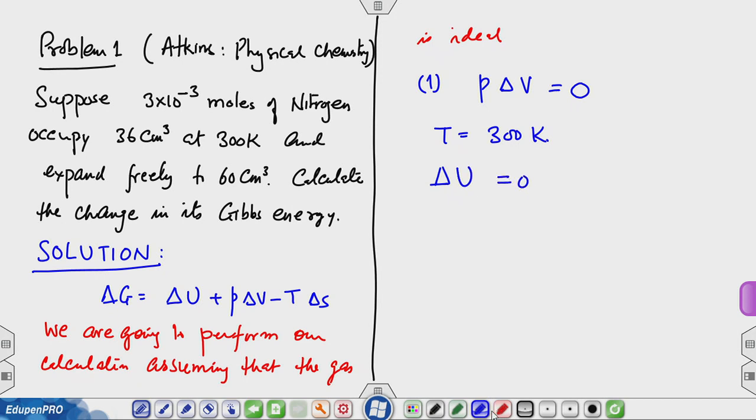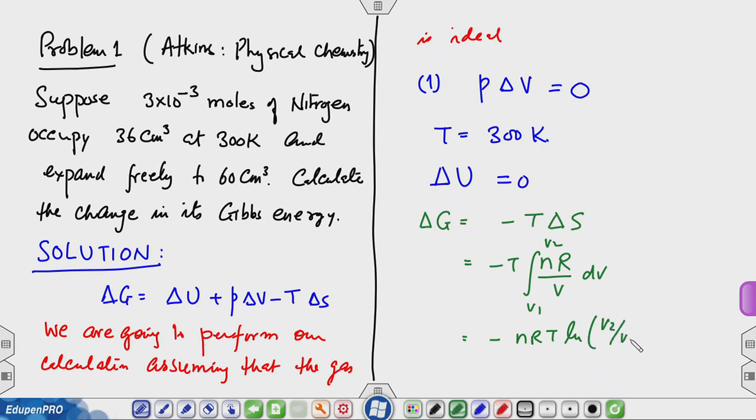And therefore, delta G is going to be minus T delta S. And delta S is calculated only considering the change in the volume. Therefore, this is going to be minus T times the entropy change for an ideal gas changing from volume V1 to V2, and this is going to be minus nRT log of V2 over V1.